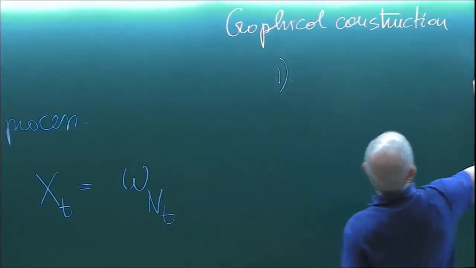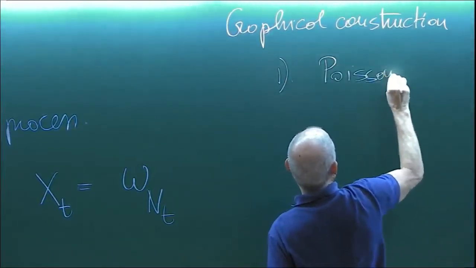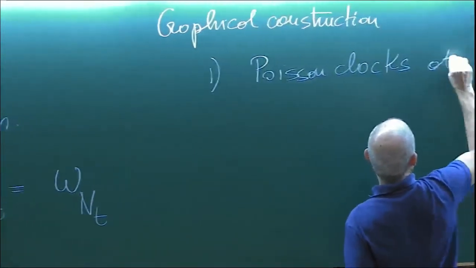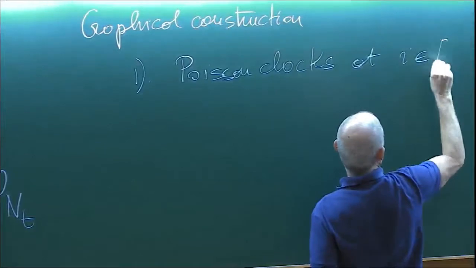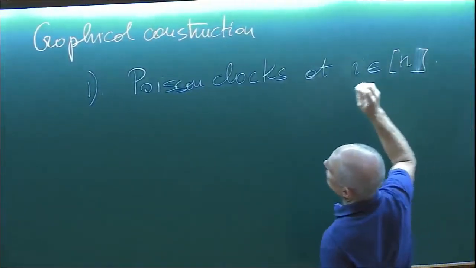So you have these Poisson clocks at each I in n, rate 1.